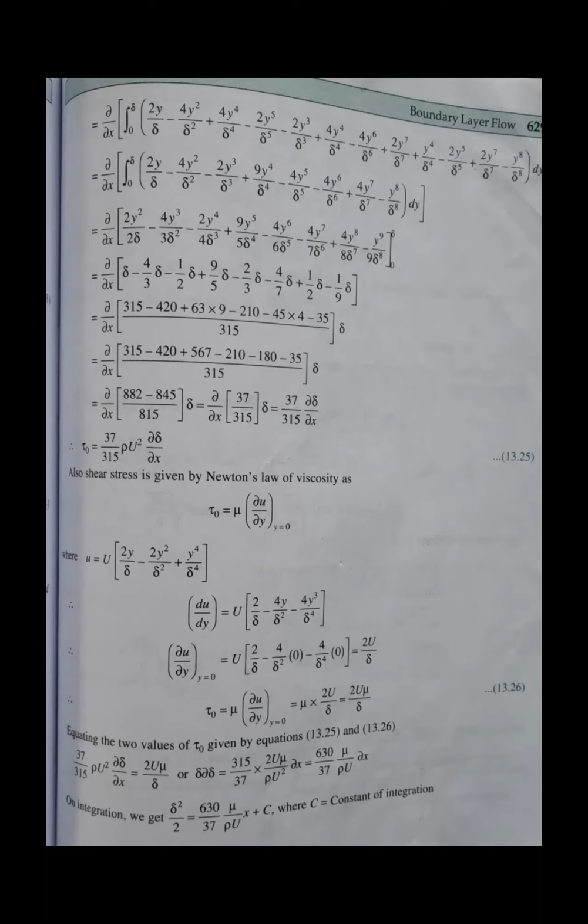See, before integration only, the reduction or simplification is to be done. Otherwise, what will happen if you don't reduce or do algebra or simplify the equation before integration? More terms will come in integration also, and it leads to complexity.